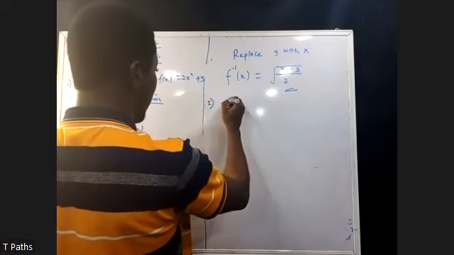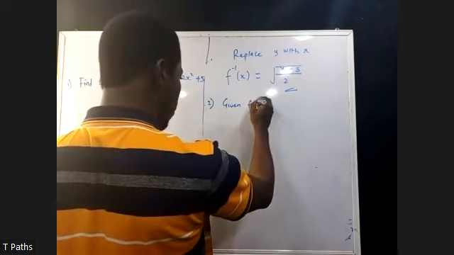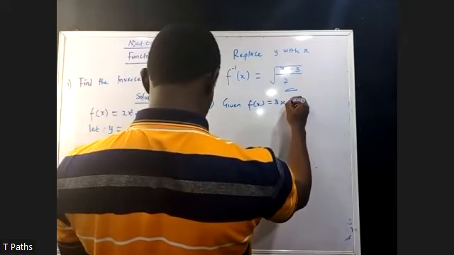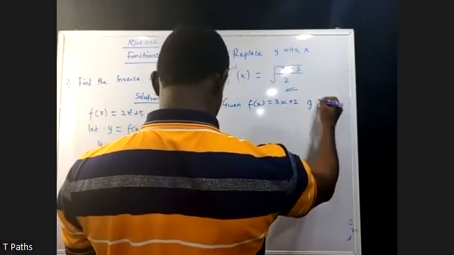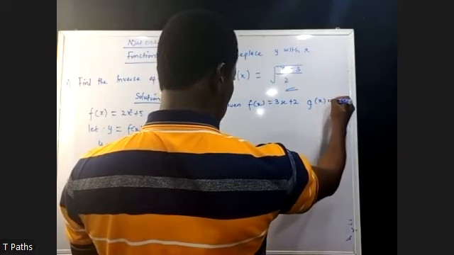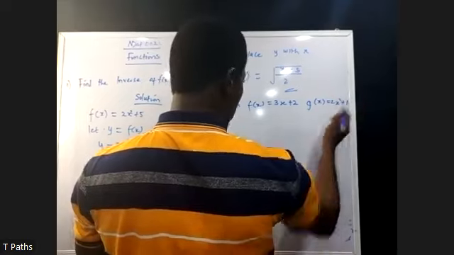Number 2, under inverse, I have given f of x is equals to 3x plus 2, and g of x is equals to 2x squared plus 1, right?